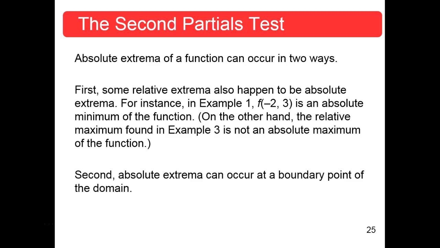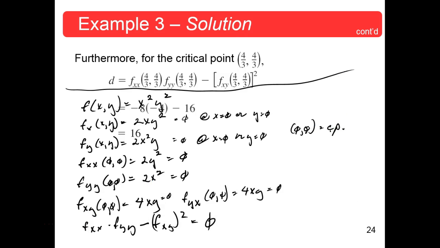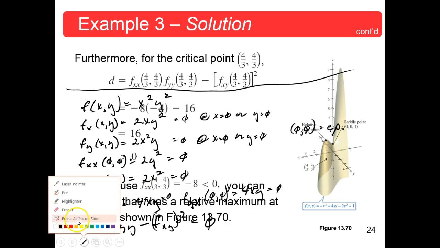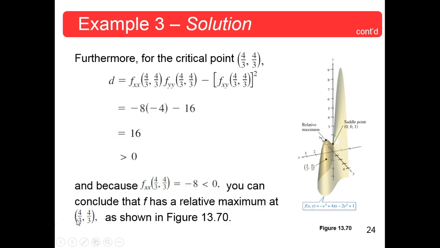On the other hand, the relative maximum found in example 3 is not an absolute maximum. Let's go back and look at it. Now remember, this is a saddle point here, so not either max or min.